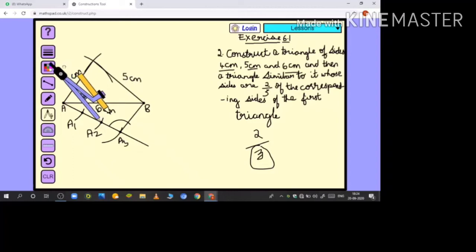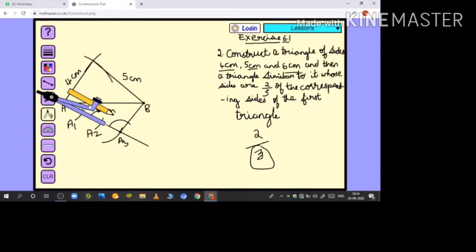Now keep the compass tip on A2, taking the center as A2, draw an arc. We are taking the center as A2 because the numerator here is 2.